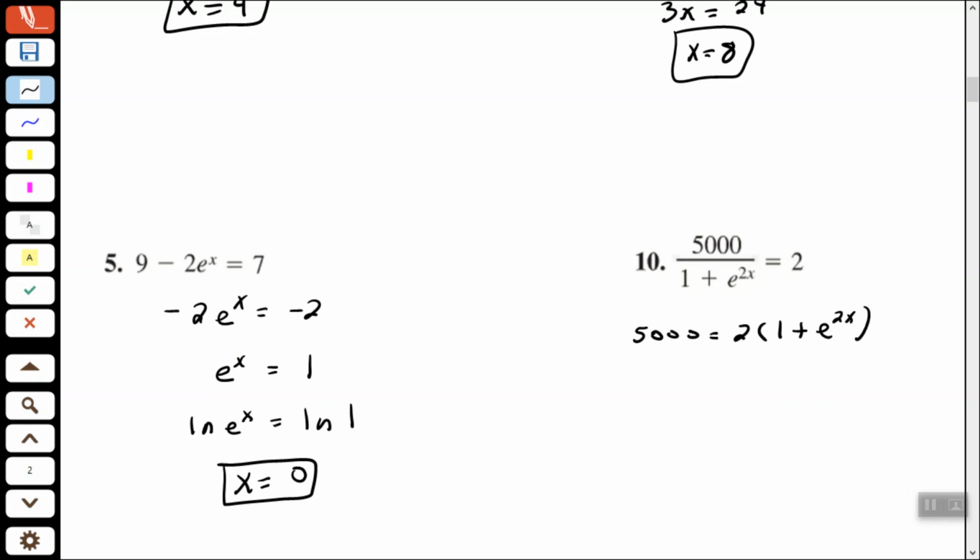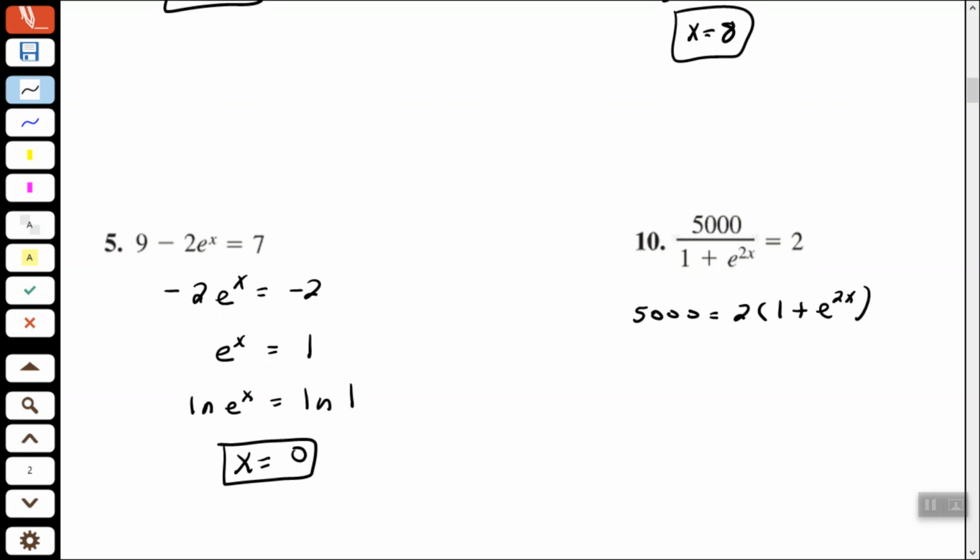All right, and then I see that I can divide both sides by 2, because again, my goal is to isolate the e to the 2x function first. So divide both sides by 2. And then subtract 1 from both sides. I'm going to flip this around, so I'm going to have the e to the 2x. If I subtract 1 from 2,500, that gives me 2499.